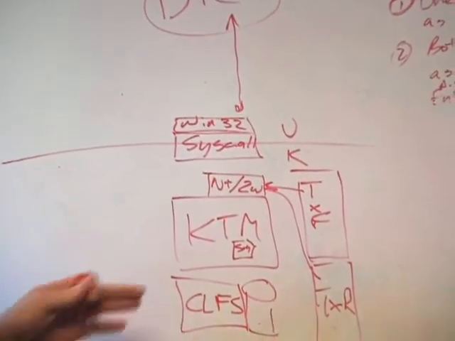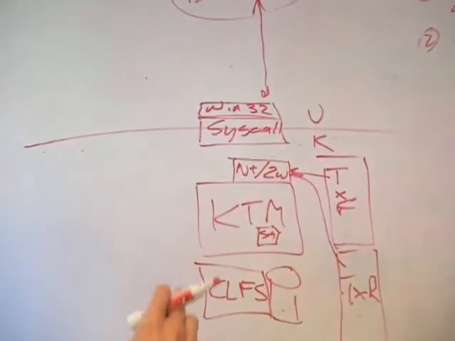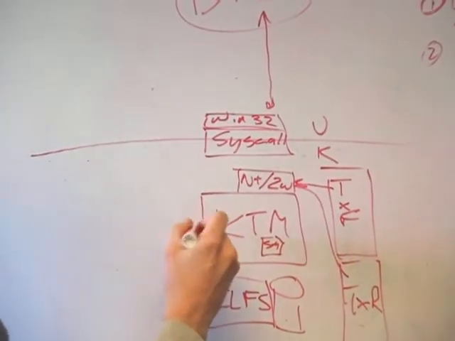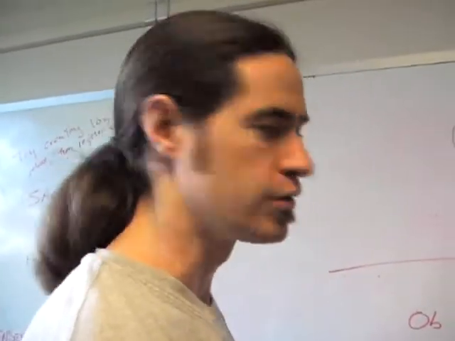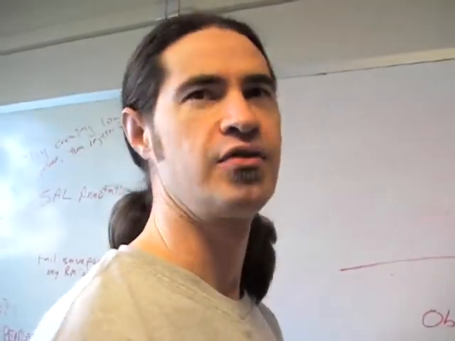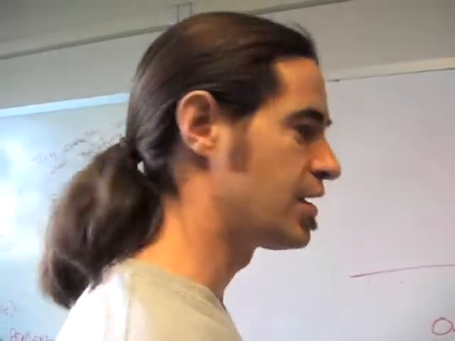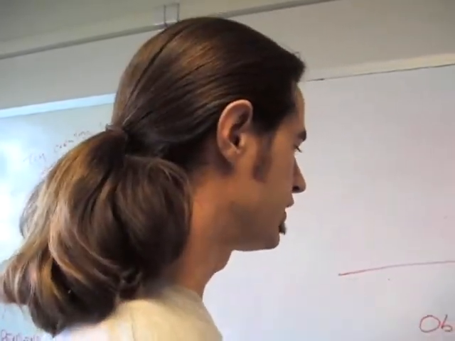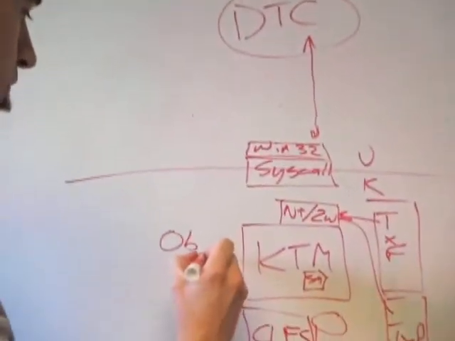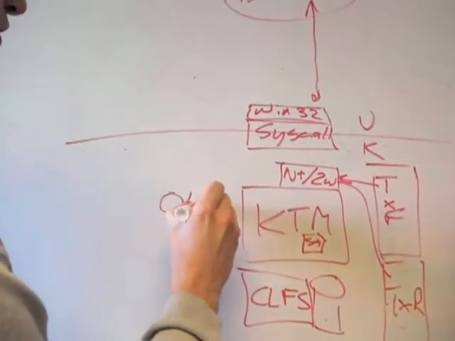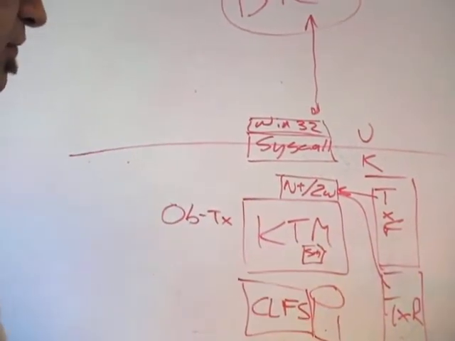Okay. The KTM itself is implemented in terms of a set of OB objects. The OB is the generic object manager in the kernel. Your event objects, your semaphores, your I/O completion ports, your file objects, all of those are already existing types of OB objects. So we actually created 4 new types of OB objects. There's a transaction.